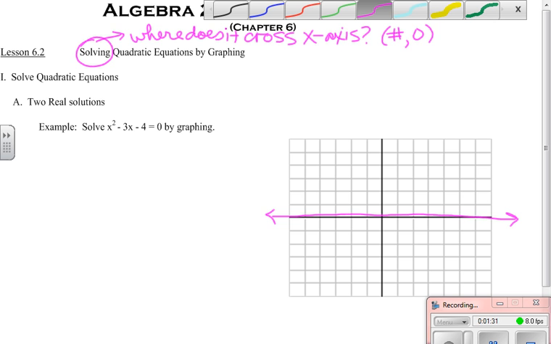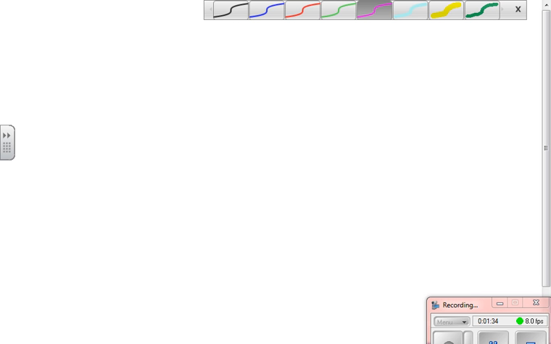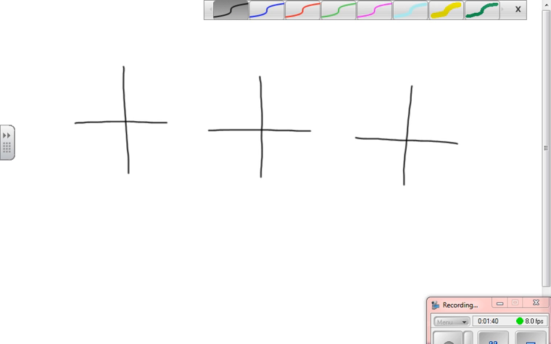Now, three things can happen with a quadratic, and let's just take a blank page to look at this for a minute. If you think about how a quadratic can interact on a graph, it can come down and cross in two spots. And that would be true for an open up or an open down. It can come up and touch in exactly one spot and go back up or go back down.